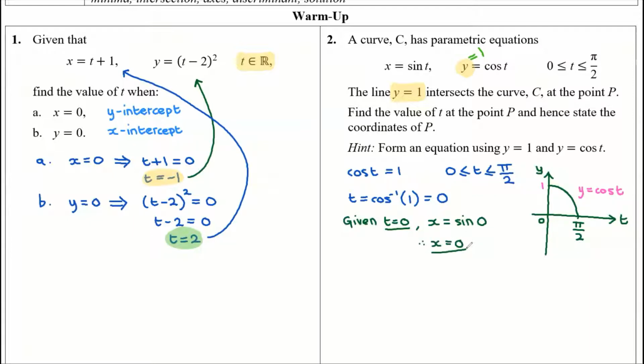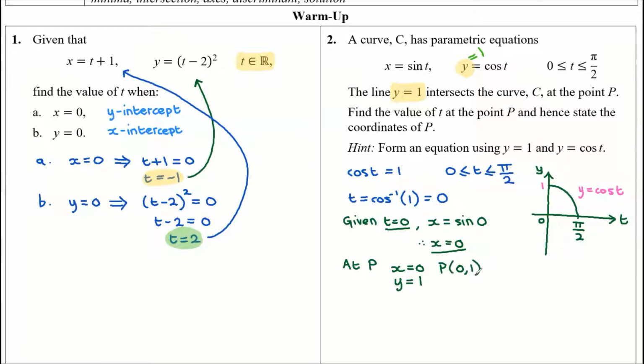Which means that we've actually found the coordinates of P. So we now know that at P, x is equal to 0 and y is equal to 1. In other words, P is at (0, 1), with the parameter t being, of course, 0.